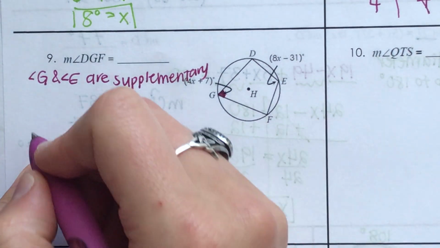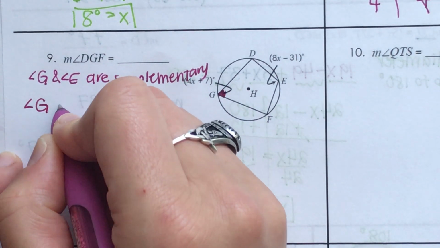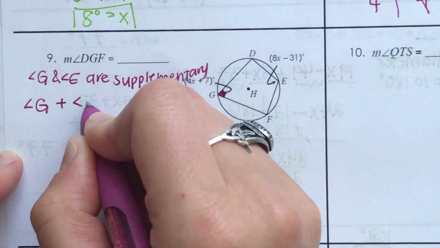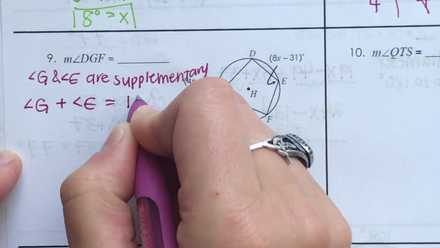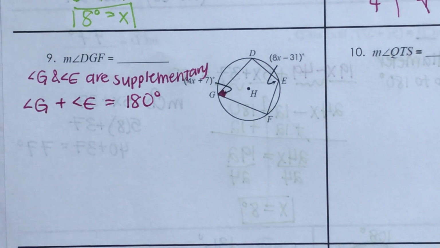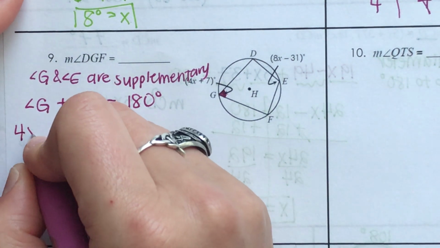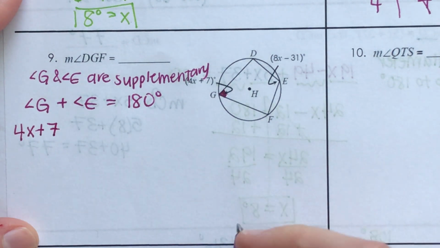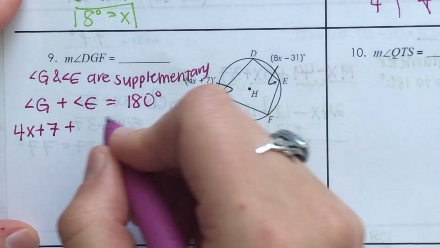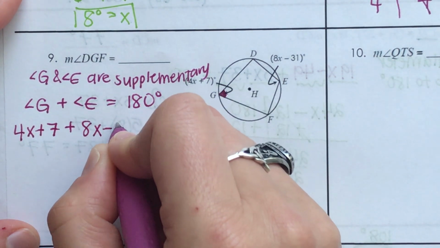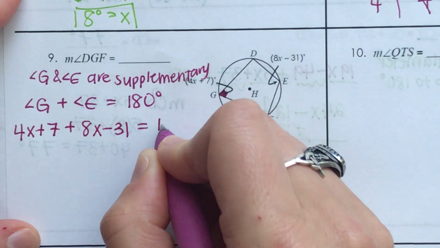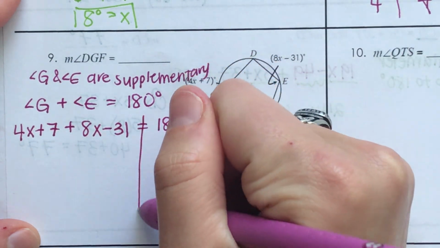So if I add angle G plus angle E, I should get 180 degrees. So that's exactly what I'm going to do. 4x plus 7, that's angle G, plus angle E is 8x minus 31 equals 180.